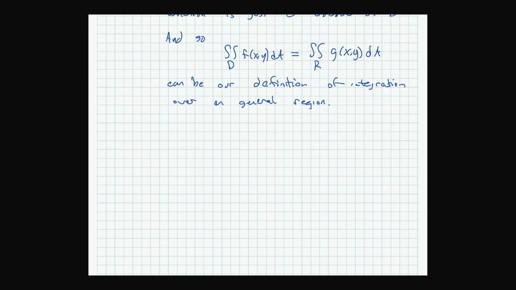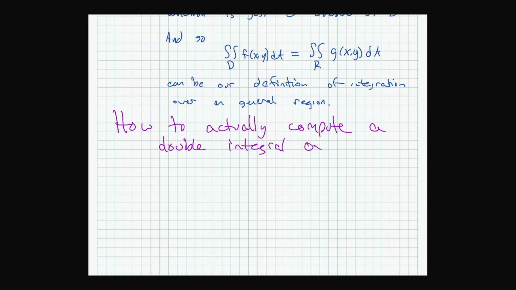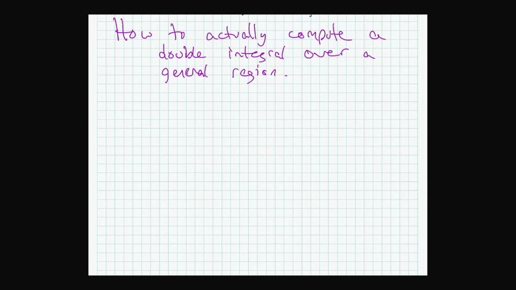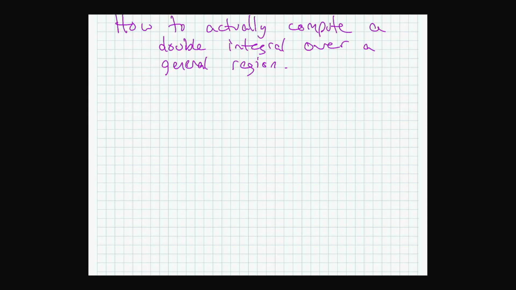Okay, so the next thing is how to compute a double integral over a general region. All right, and what you use is the same theorem, at least it's called the same thing as the previous section. We use Fubini's theorem.